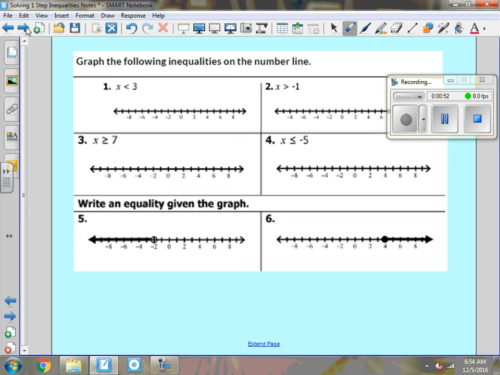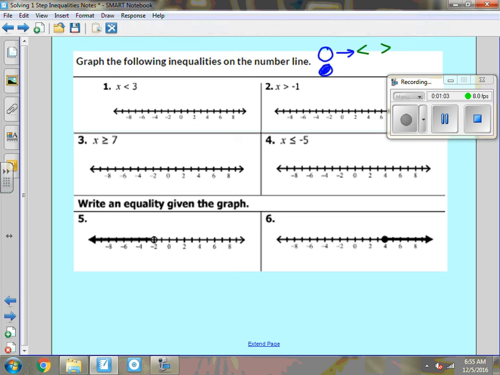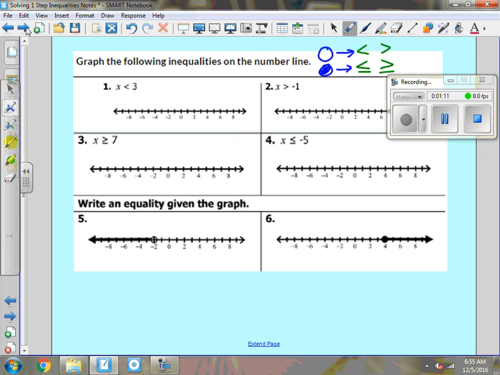Because there's no extra line there, remember open circle and closed circle, and if you need to make yourself another note here, an open circle is what we're going to use because we don't have that extra line right there.